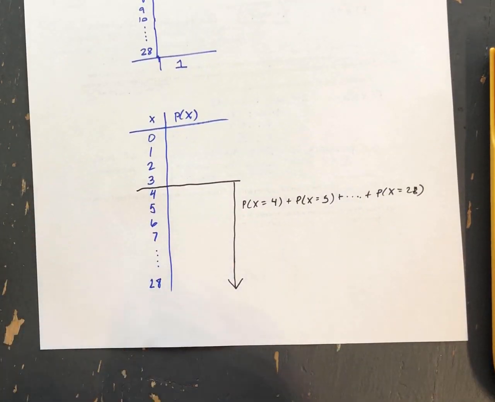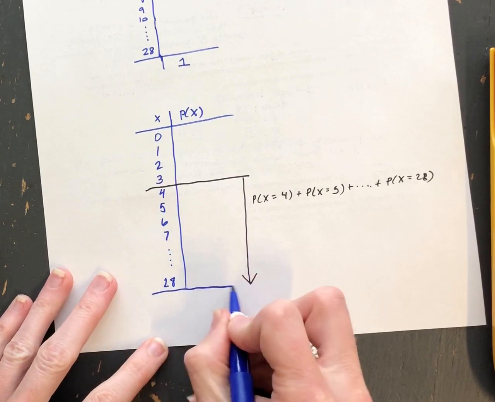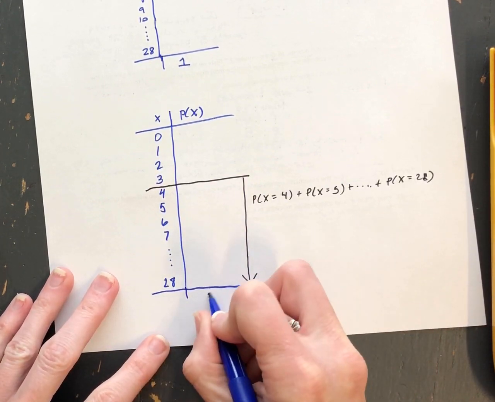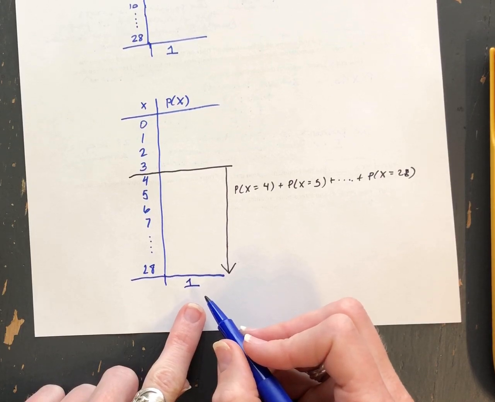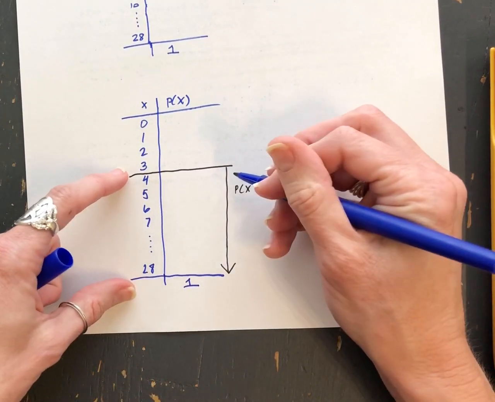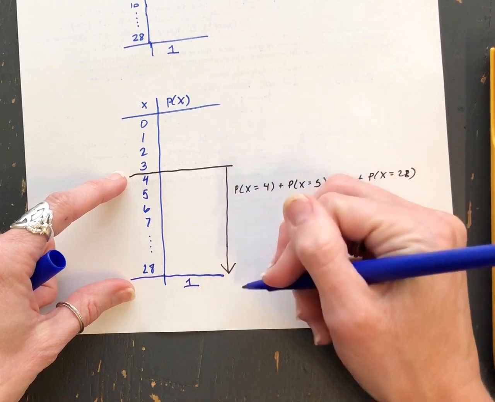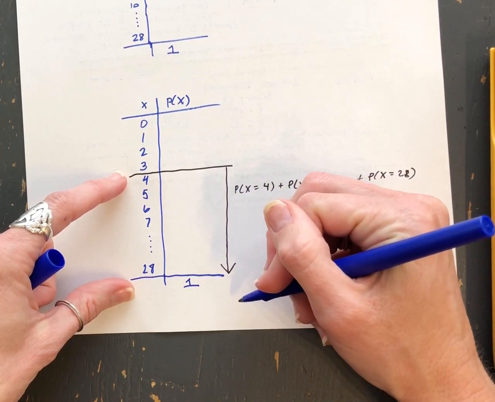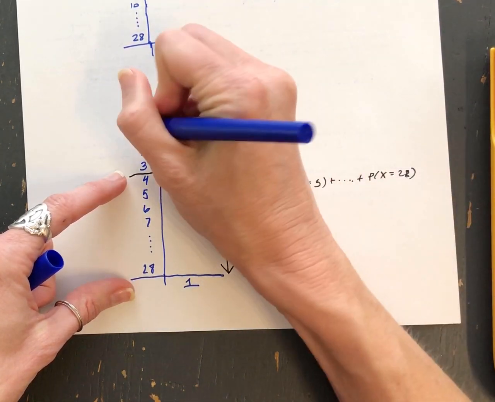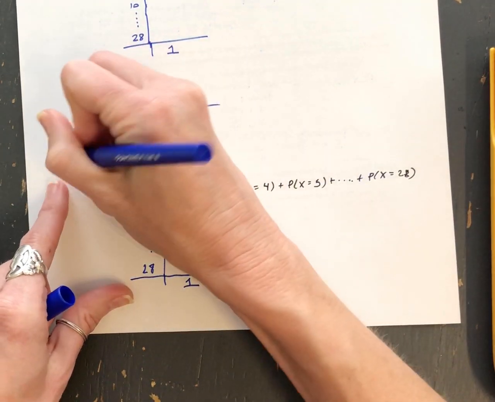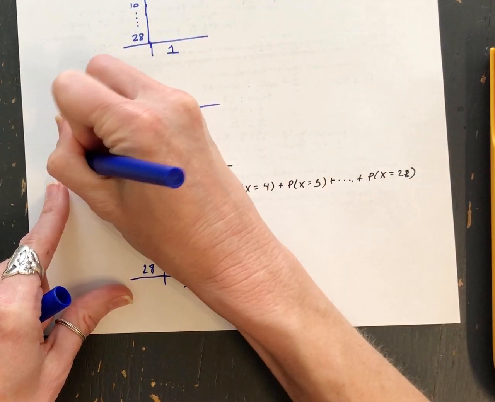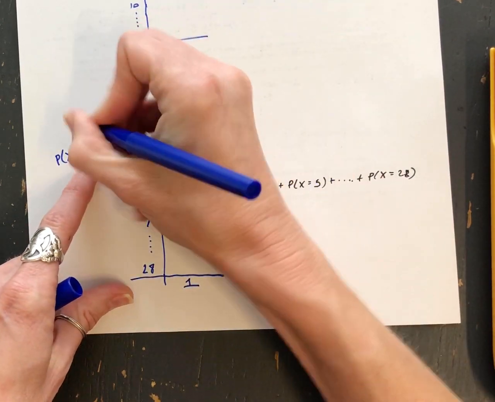What we are going to use is the fact that we know that the sum of this probability distribution has to be 1, the sum of those probabilities. And so if I want this probability, I can find it by taking 1 and subtracting this probability. This is the probability that X is less than or equal to 3.